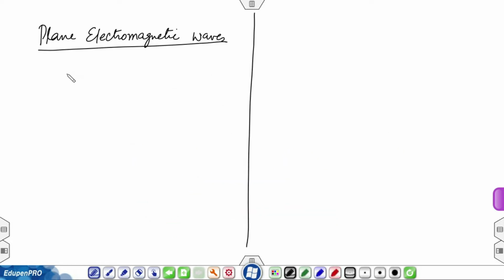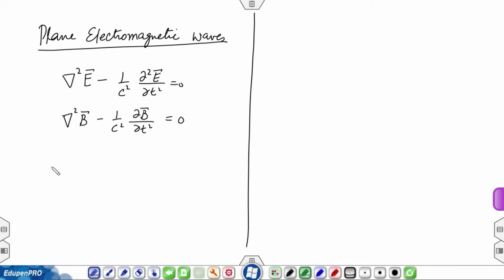Recall that we had this wave equation for the electric field and magnetic field. One of the solutions it admits is E(r,t) equals E 0 cosine of k dot r minus omega t plus some phase phi.